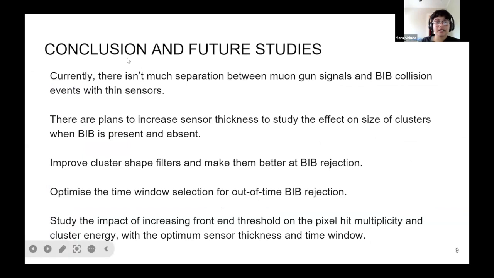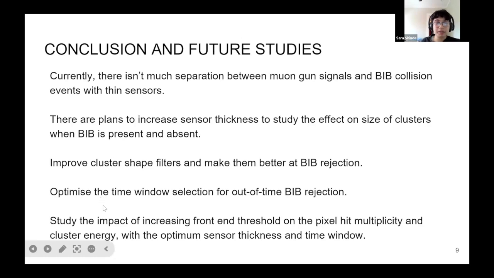Currently, there isn't much separation between muon gun signals and BIB collision events with thin sensors. There are plans to increase sensor thickness to study the effect on the size of clusters when BIB is present and absent. And there are plans to improve cluster-shape filters and make them better at BIB rejection.